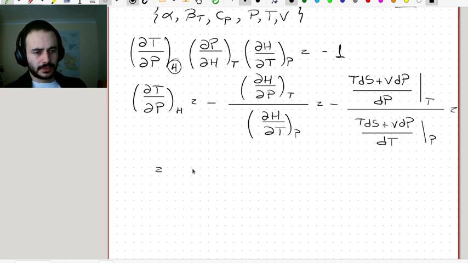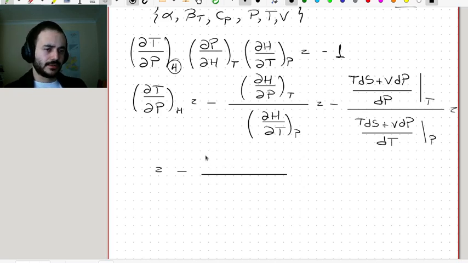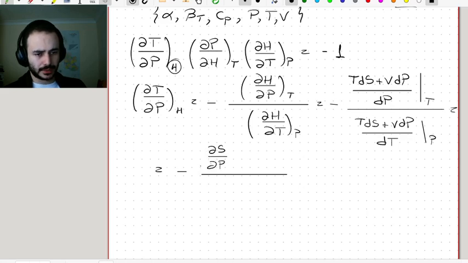Well, let's see. What we have is the minus, which we carry over, and then we have a partial derivative of the entropy with respect to pressure at constant temperature times temperature. So let me just write this properly. I will move this a little bit here. Okay, and then I put temperature there.